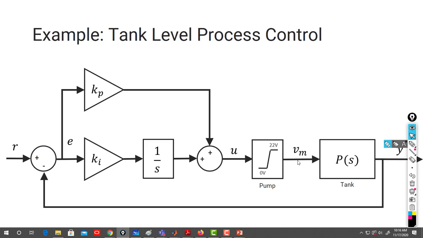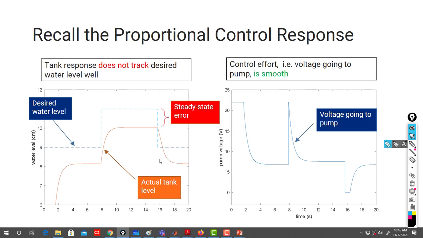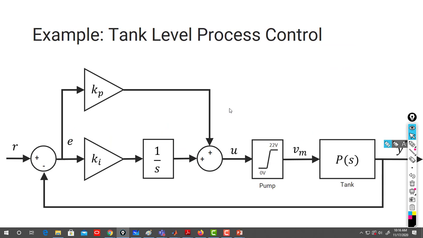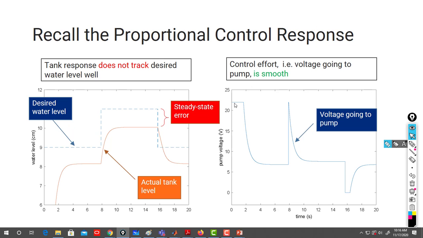So they go to the pump level control, and they did a PI controller on it. That's the proportional, so there is no tracking and there is saturation. It's saturated at 22, and there is no tracking. You have steady state error.